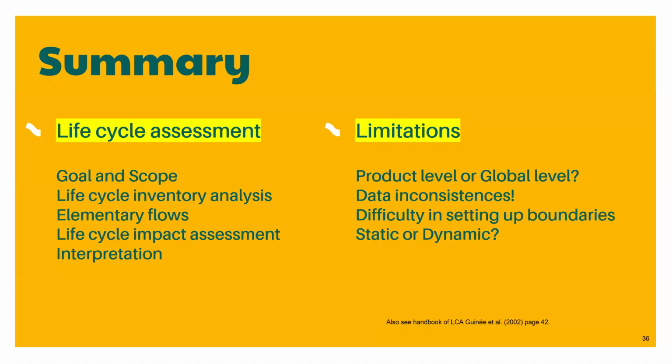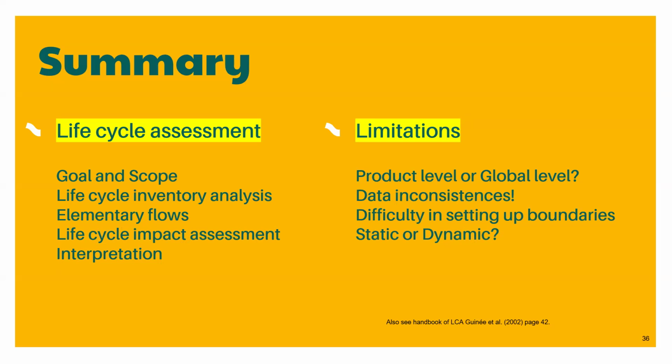So in this part of the lecture, we have covered all four phases of life cycle assessment and gained a deeper understanding of each phase. We started with the goal and scope, and we learned about a product system, functional unit, boundary conditions, and data collection methods. In the second phase, which is life cycle inventory, we explored elementary flows and understood input and output flows in the product system.